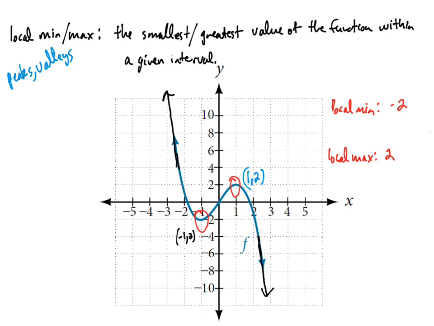I realize I labeled this point incorrectly down here. It's -1, -2. So the local min is -2, and that occurs when x is equal to -1. The local max, when do I achieve the highest elevation? The highest elevation is 2, and that's when x is equal to 1.